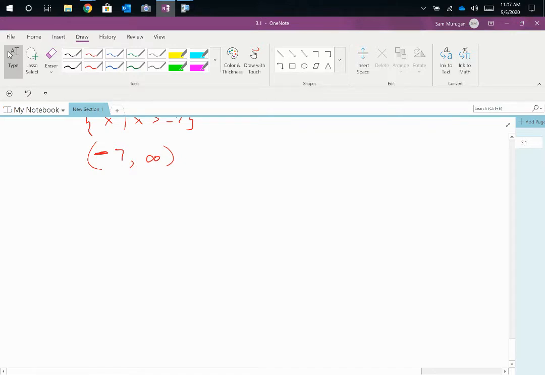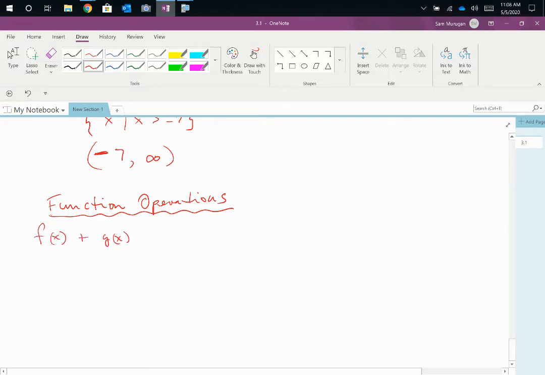Next we can talk about combining functions. So the second part of this is to do function operations. If we're adding two functions, we would simply add the two functions as a function of x.